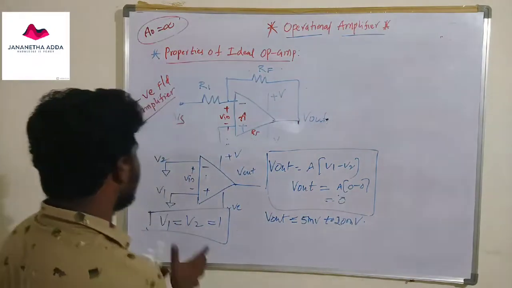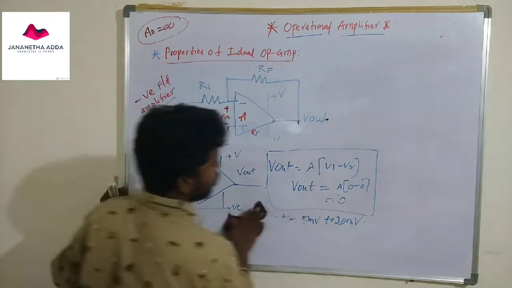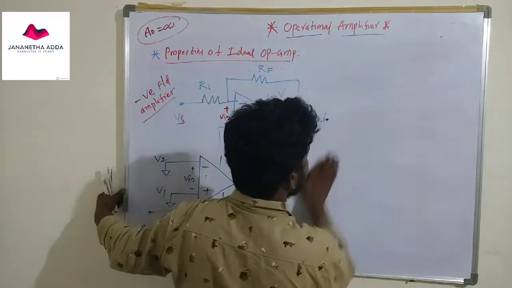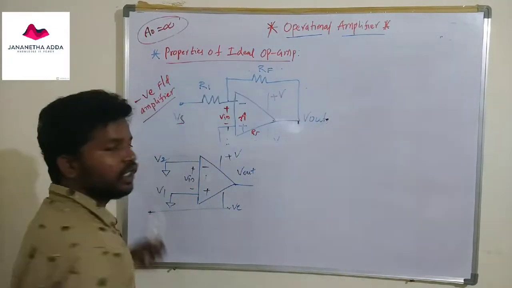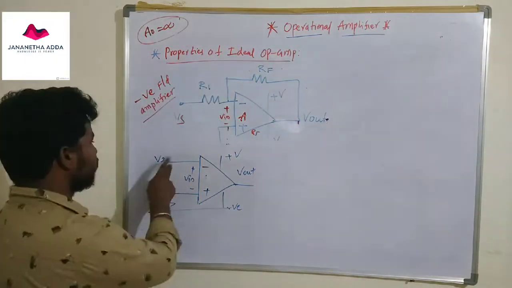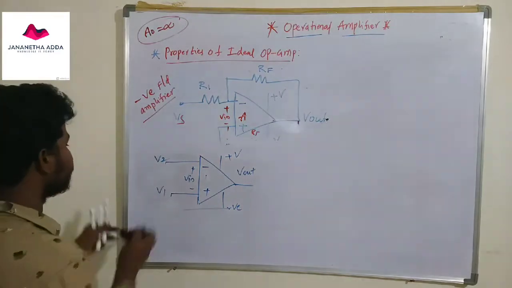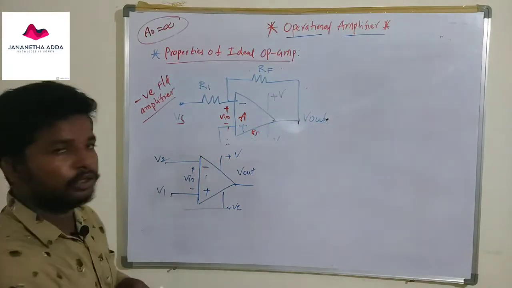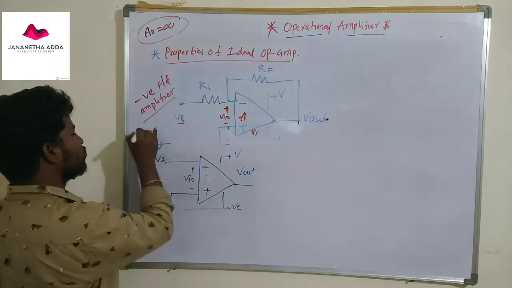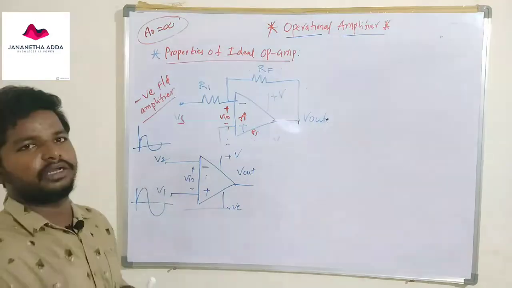And this operational amplifier also has a common mode rejection ratio. We will discuss the common mode rejection ratio in detail. Because of the differential sensing ability of the operational amplifier, let's take that I give a sinusoidal signal to both terminals.